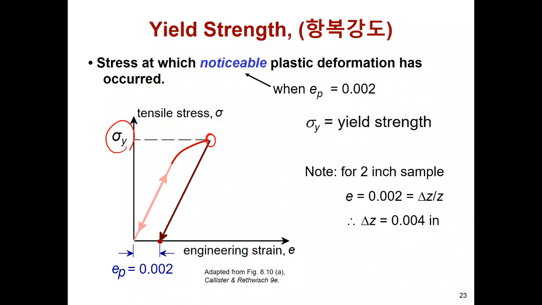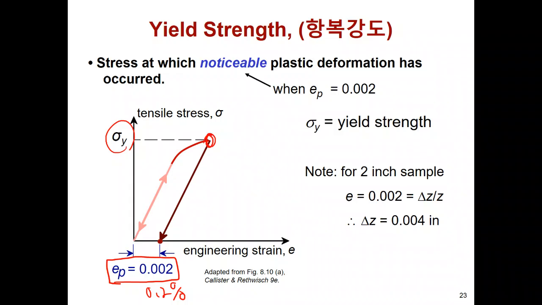The yield strength can be easily calculated theoretically, but experimentally, after a loading and unloading cycle, if there is a permanent strain of 0.2 percent, or 0.002, then that stress value is the yield strength.